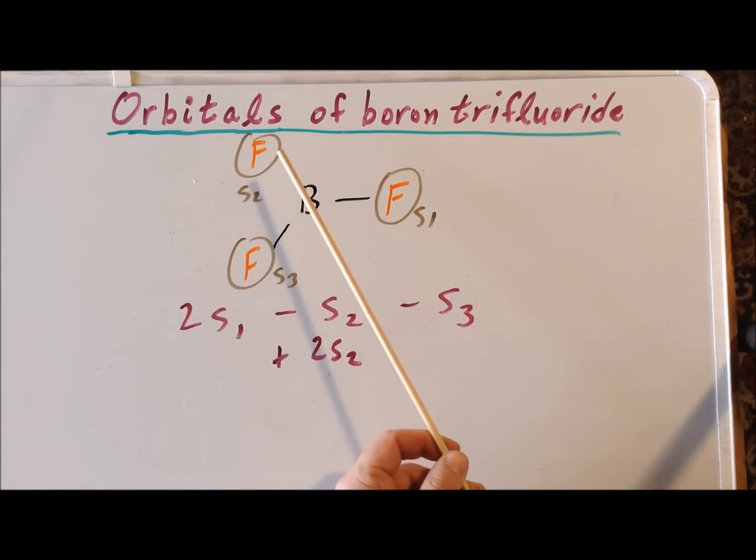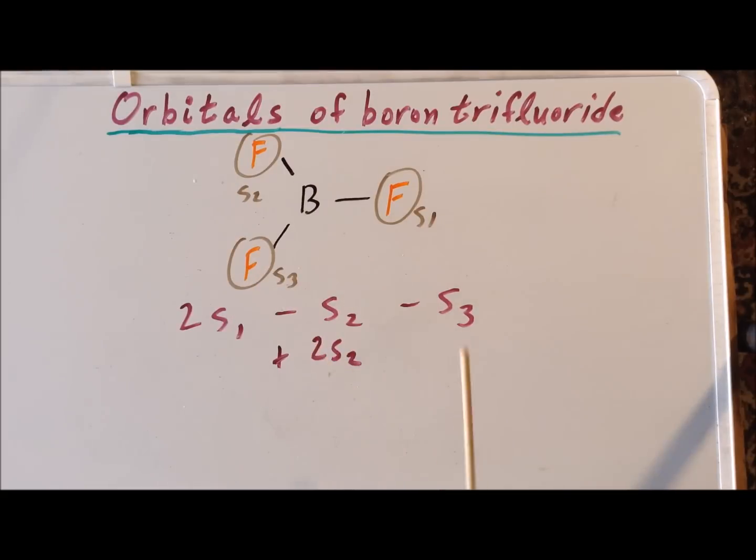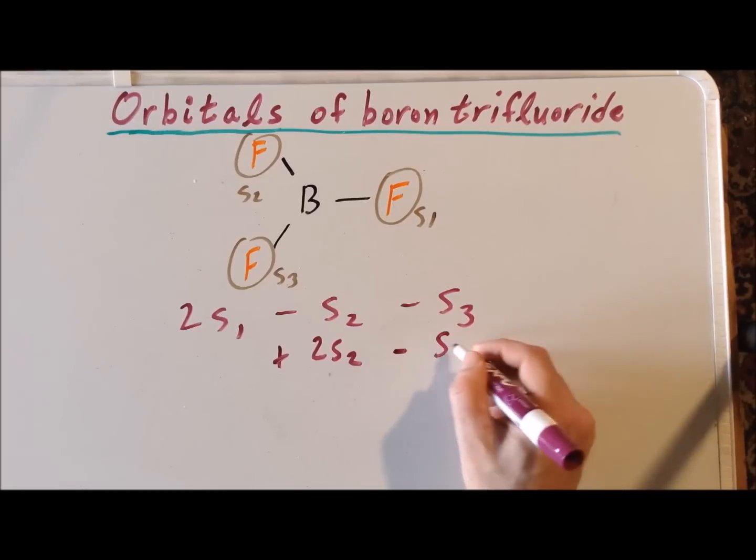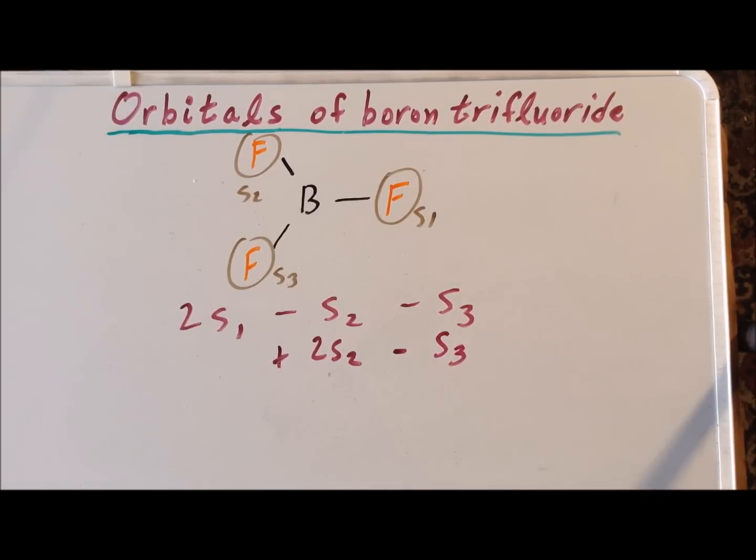Well, C3 will turn S2 into S3, so it must turn minus S2 into minus S3. So we're going to use the fact that the C3 operator is a linear operator. And then last but not least, if I do a C3 on S3, it turns it into S1. So if I do the C3 operation on minus S3, it turns into minus S1.